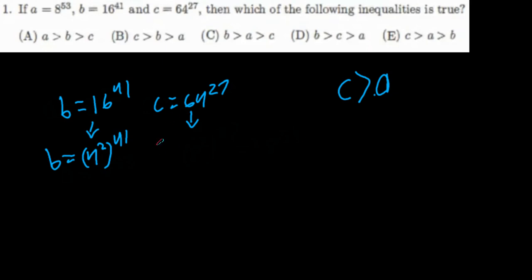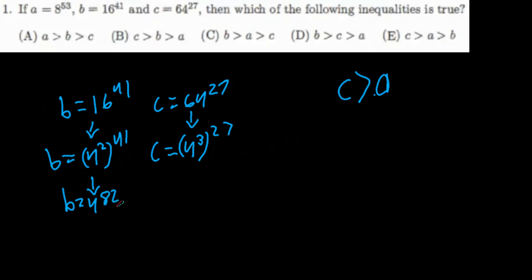Now let's do c. 64 is 16 times 4, and we know that 16 is 4 squared, so that means 64 is 4 cubed, and that is to the power of 27. Now b is 4 to the power of 82.